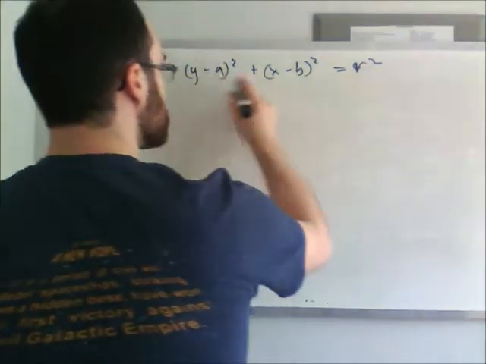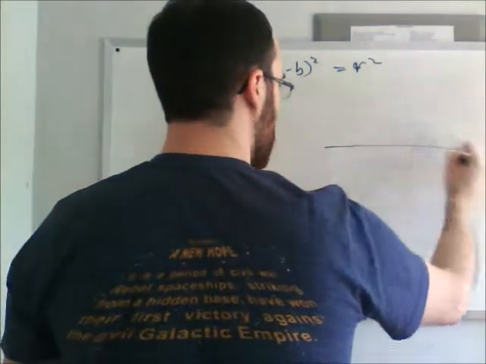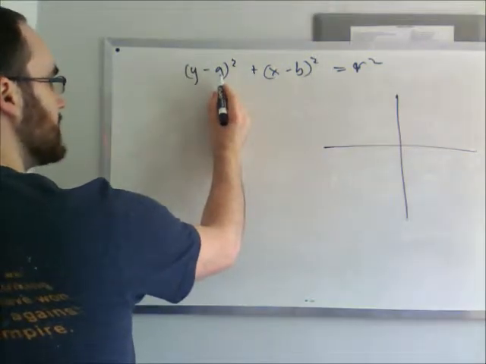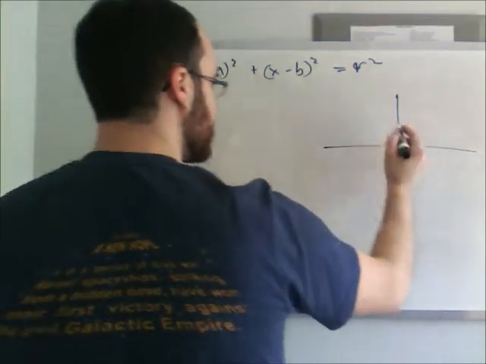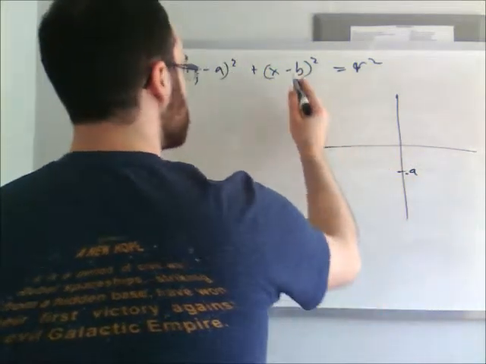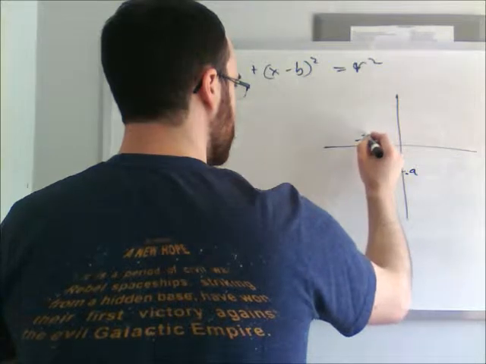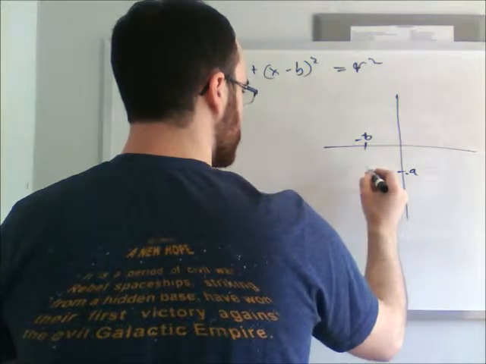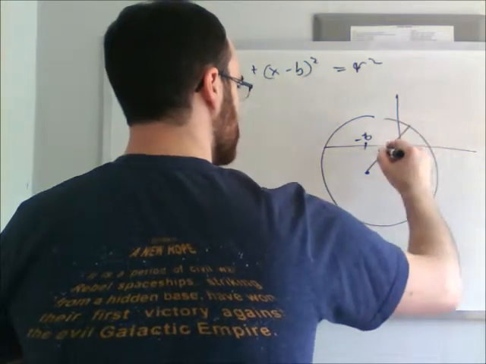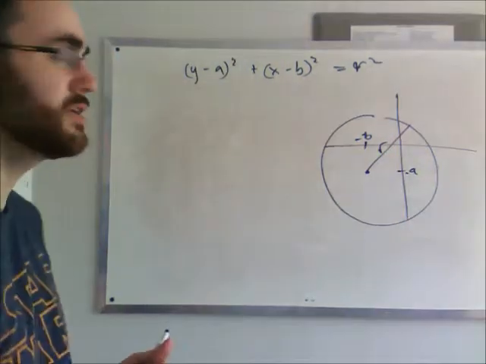If this is a negative number, we're going to have the opposite numbers. So a is the vertical translation, so we'll go down a, and over by b. So this would be the center of our circle, and it would just make a circle around that point with a radius equal to r. So that's how you graph circles.